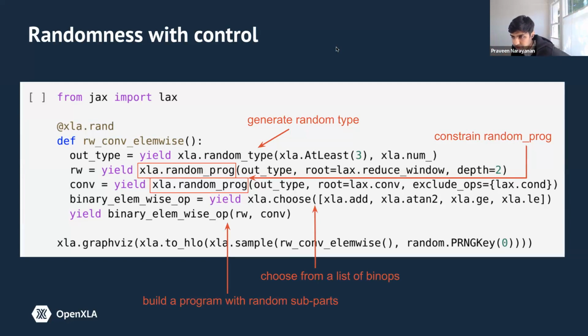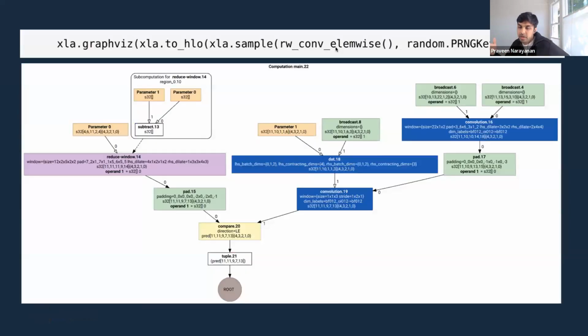So if we go to the next slide, please, invoking this template once will generate programs of this structure, where the root op is some element-wise op from the set that we define, the left-hand side is a reduce window, and the right-hand side is a convolution. Many of the other details are chosen for us in a valid but random way.